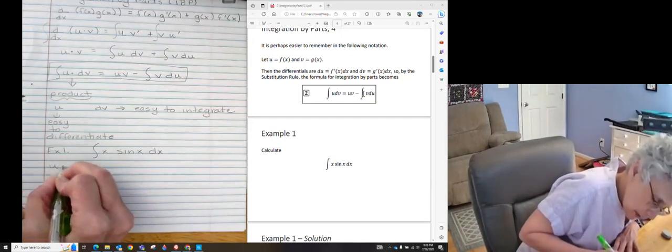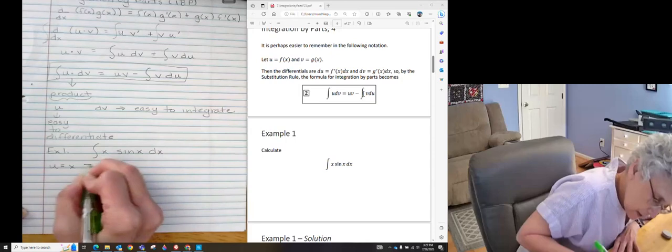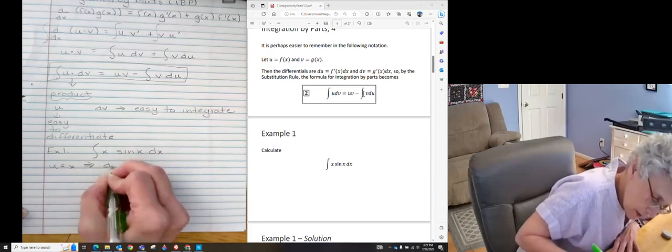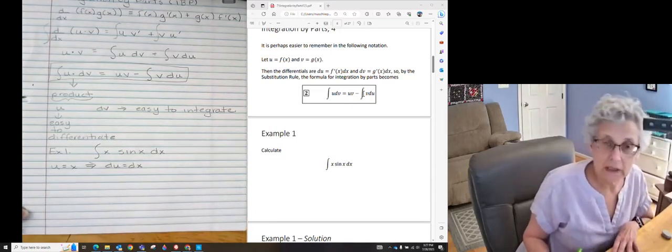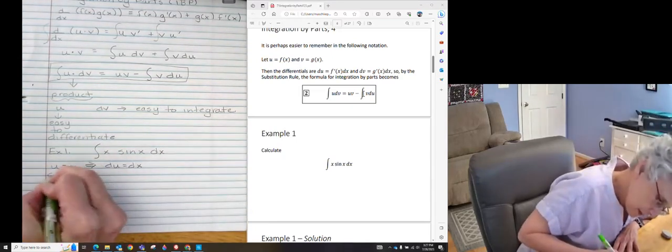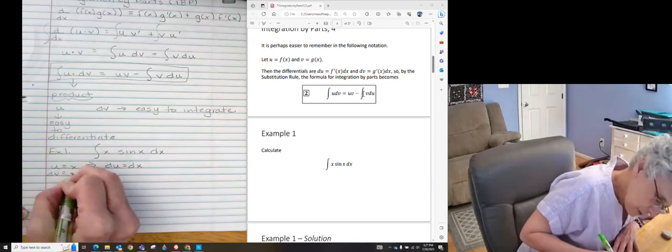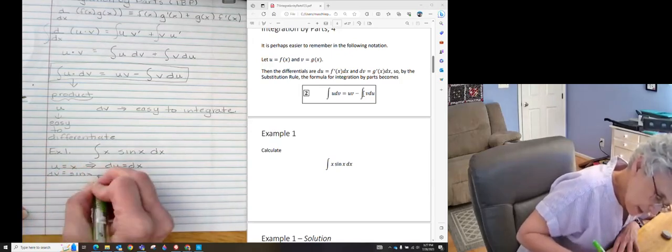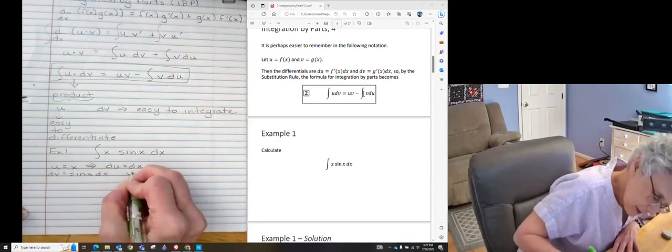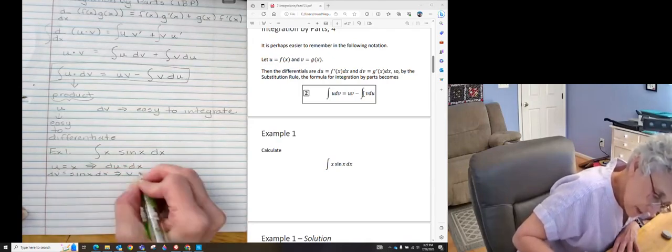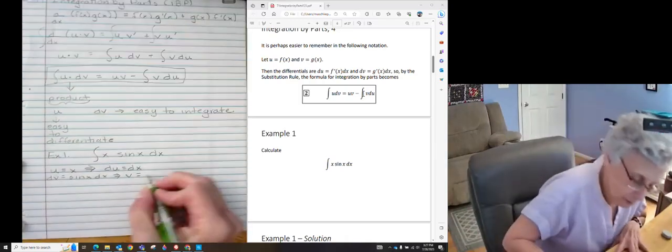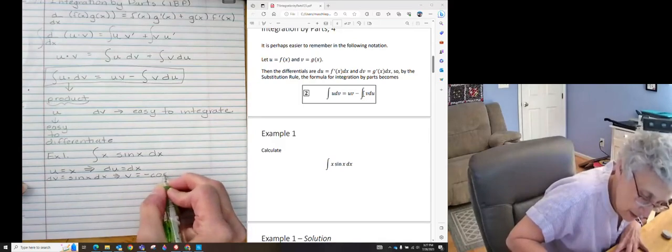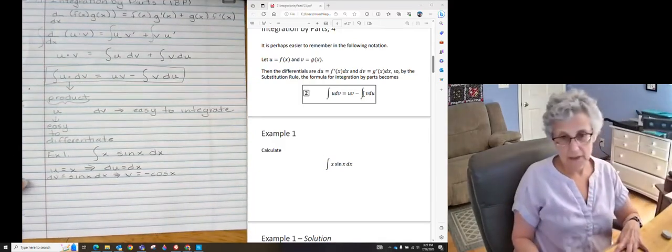So I'm going to let u be equal to x, so du is equal to dx. I'm going to let dv be equal to sine of x. Then v is equal to the antiderivative of sine, which is, don't forget, negative cosine.